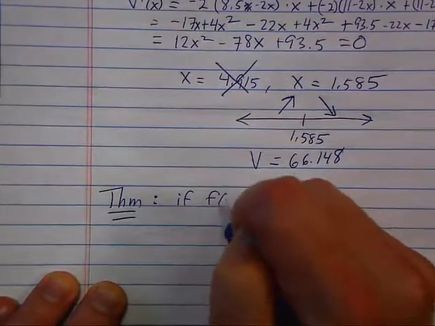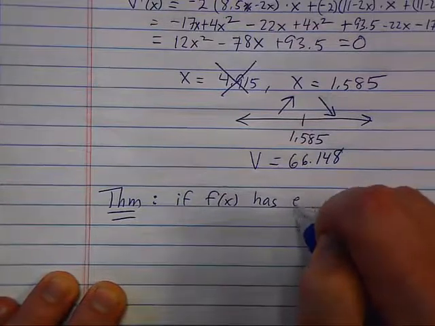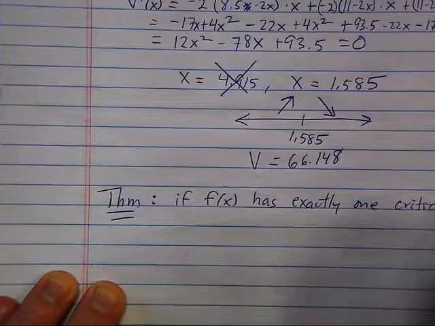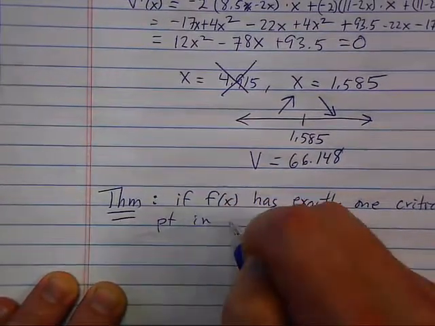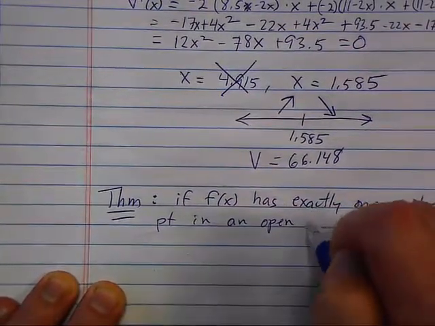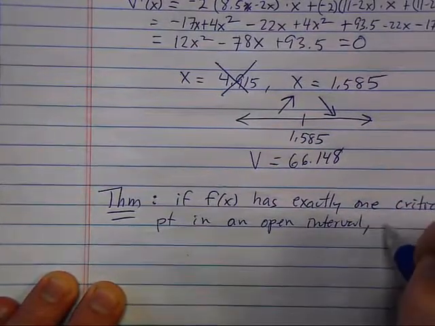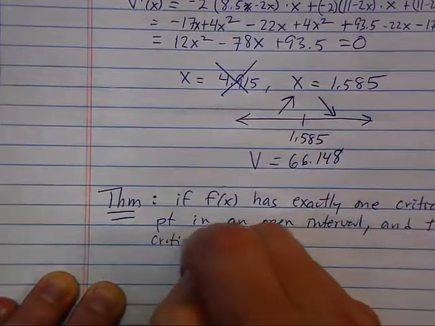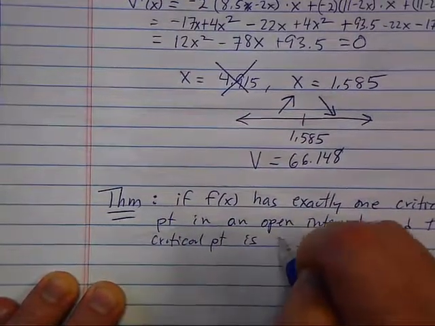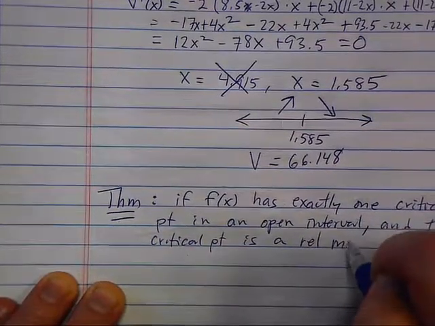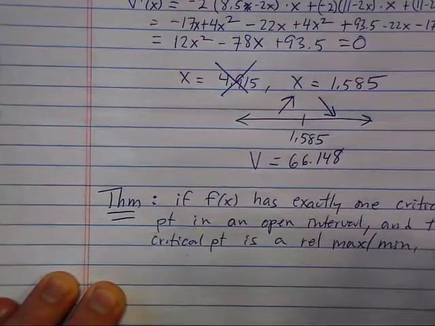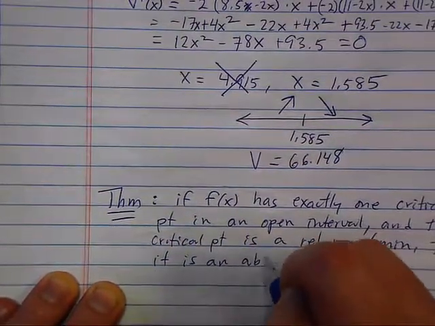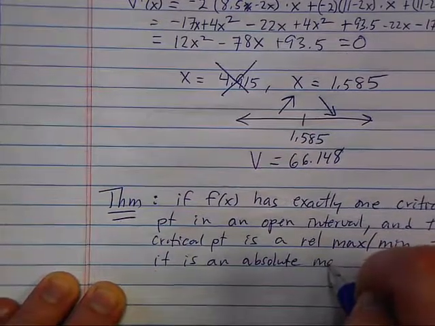If f of x has exactly one critical point in an open interval, and that critical point is a relative max or min, then it is an absolute max or min.